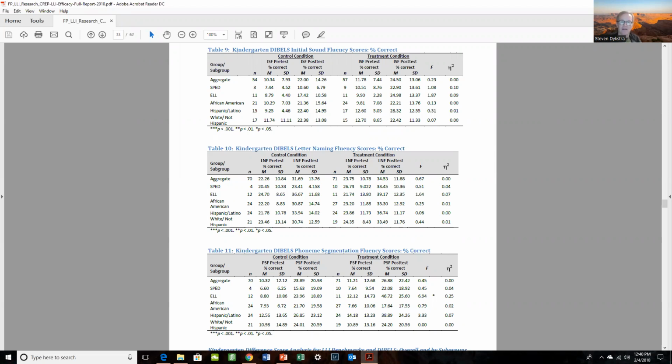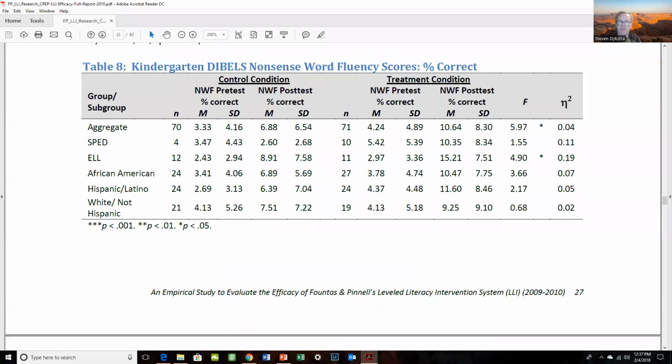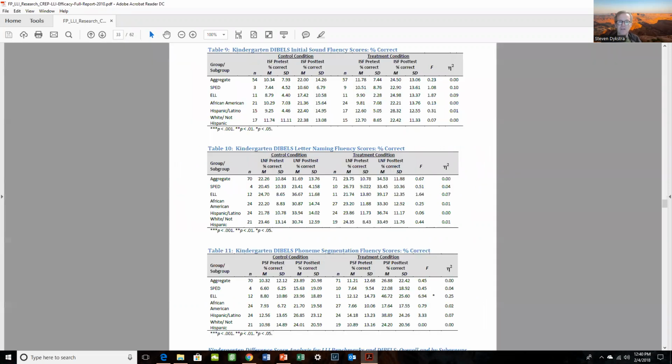They also did letter naming fluency. See any asterisks? I don't. They also did phoneme segmentation fluency. See any asterisks? There's one. They put this table in there real big and bold, wanted you to see it because they had 2 significant results. But these other things matter too.